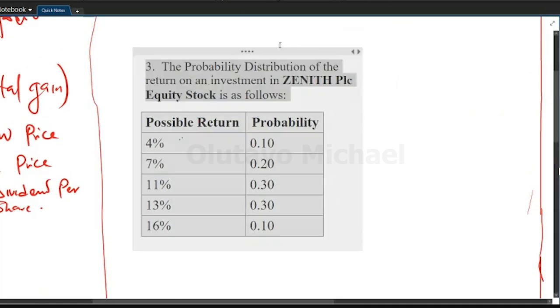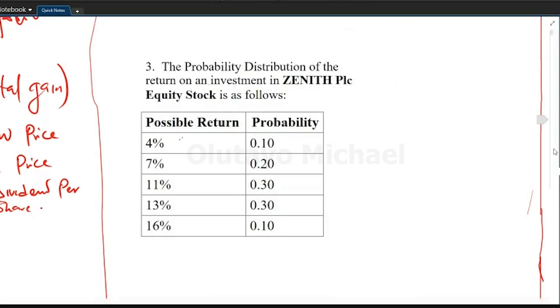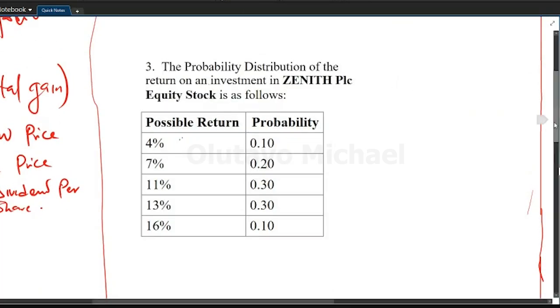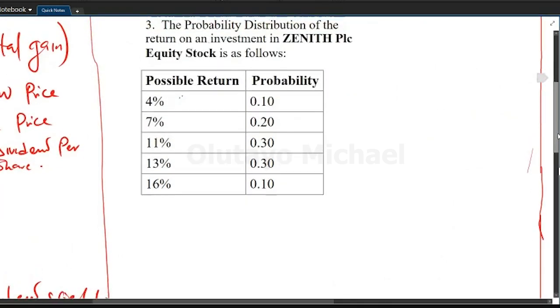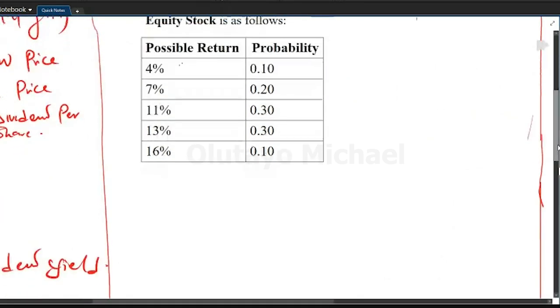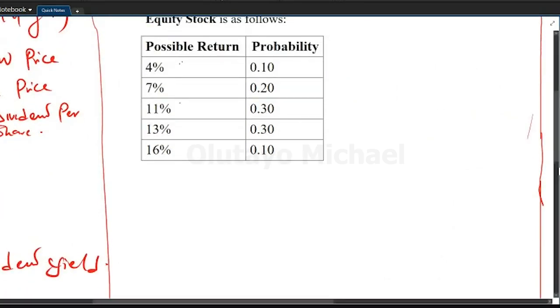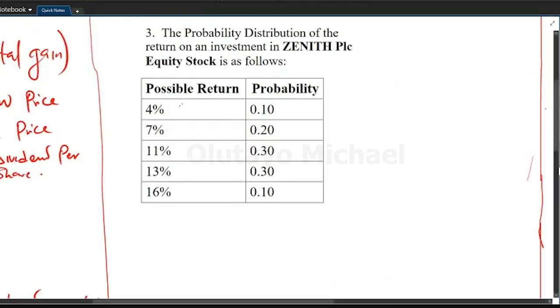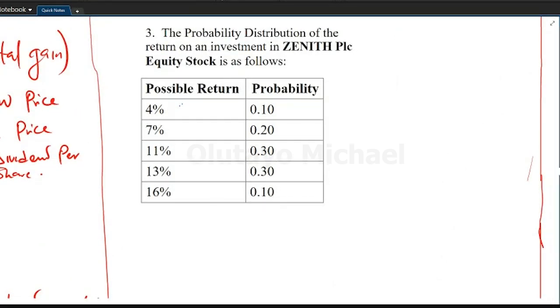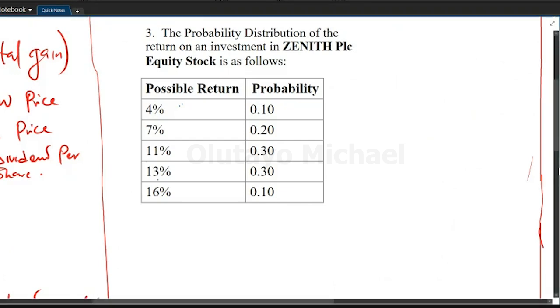The probability distribution of the return on an investment in Zenith PLC equity stock is as follows: possible returns and probability. So let us calculate the return on Zenith PLC equity stock. To calculate the return, we have 4 times 0.1. Of course, the addition of probability must give us 1.